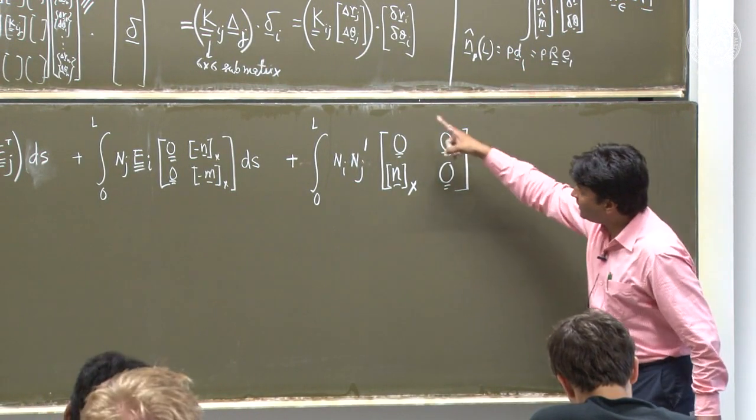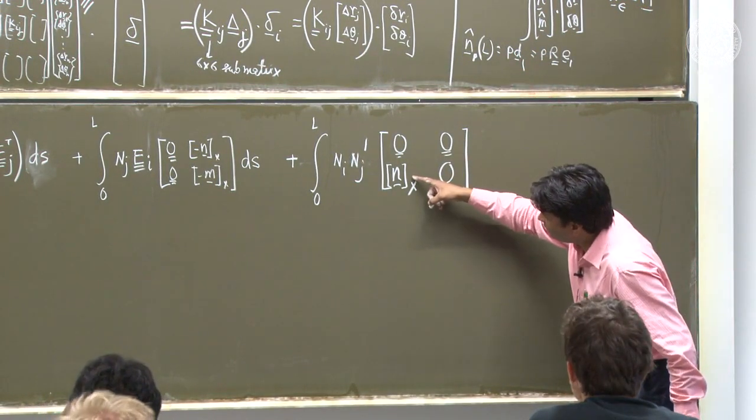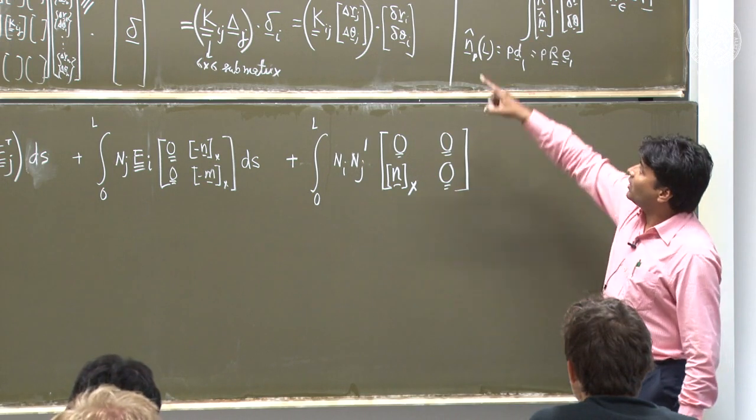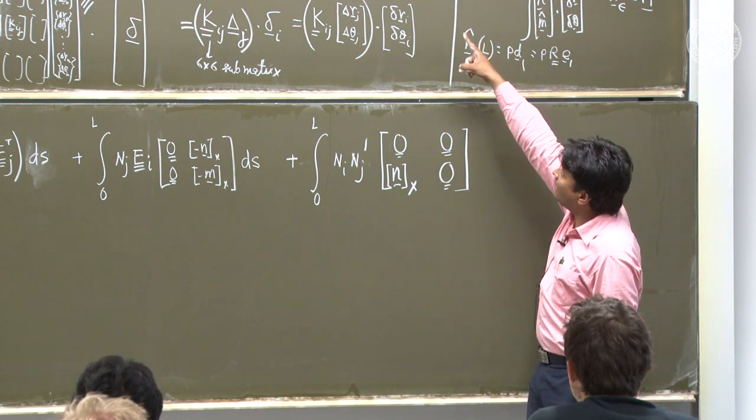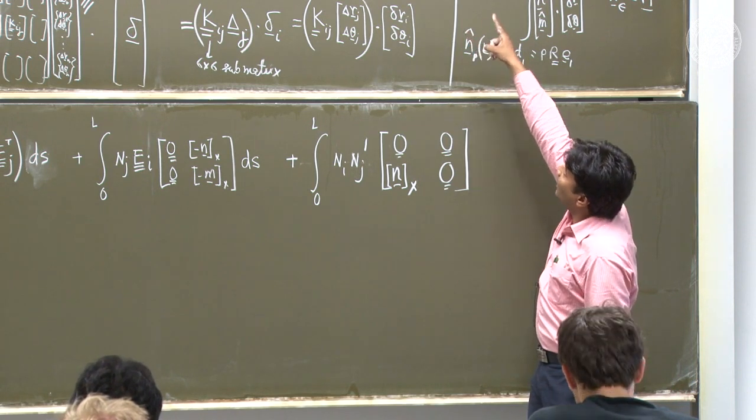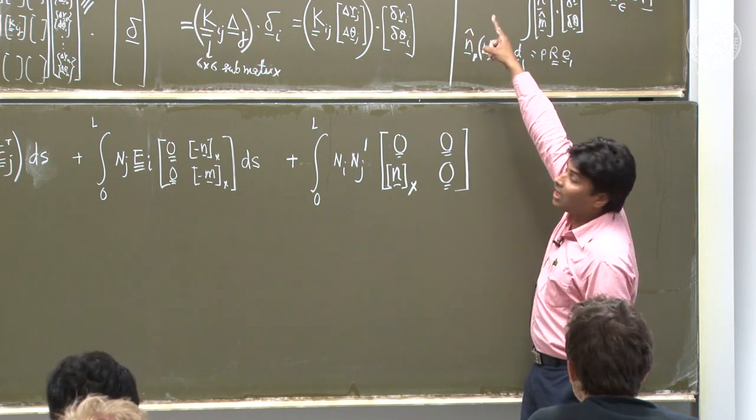So within this 6 by 6 matrix only this 3 by 3 is non-zero, because it does not have coefficients for delta little theta_j and delta little r_i.